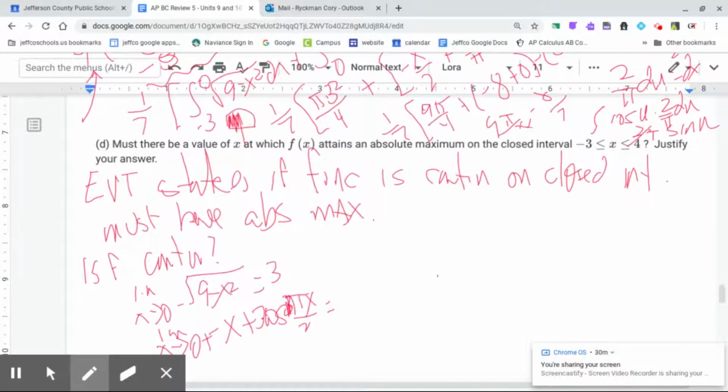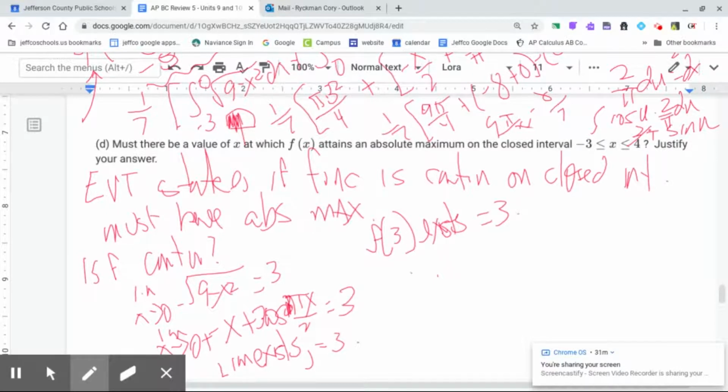Let's see, we got negative 0 plus 3 cosine of 0 is 3. The limit from the left and the right must be the same, so that the limit exists, and it equals 3. The point must be defined. F at 3 is defined. It's one of the branches, and it equals 3.